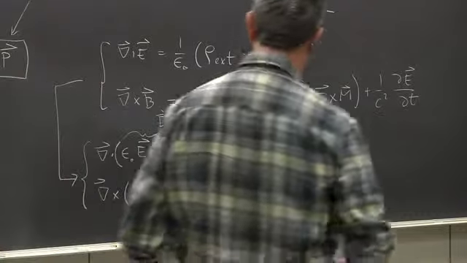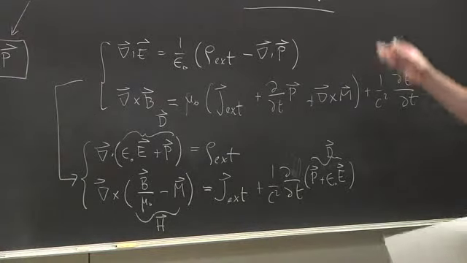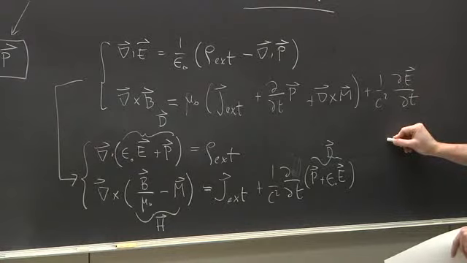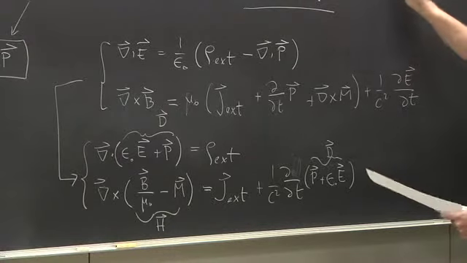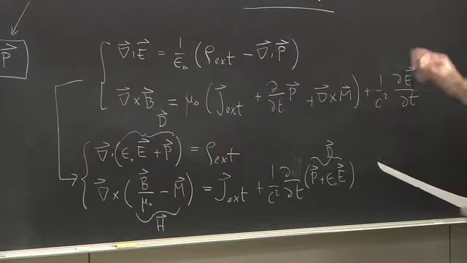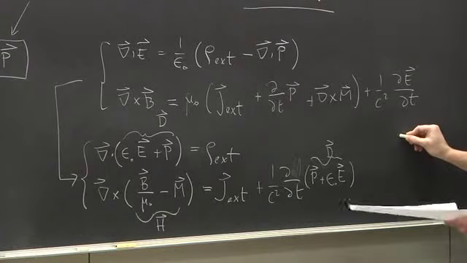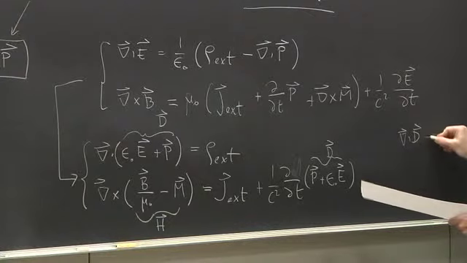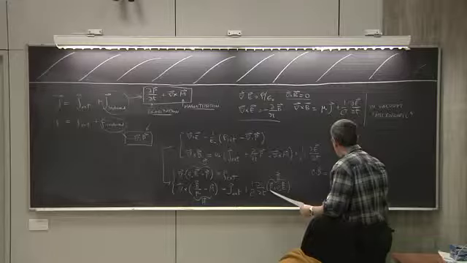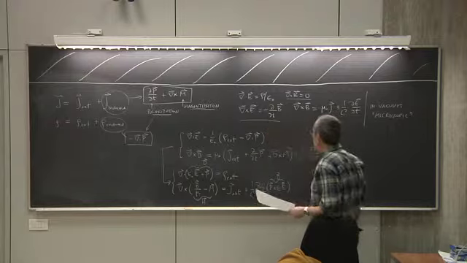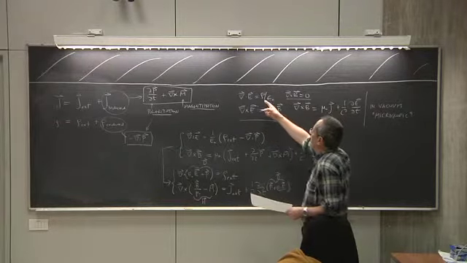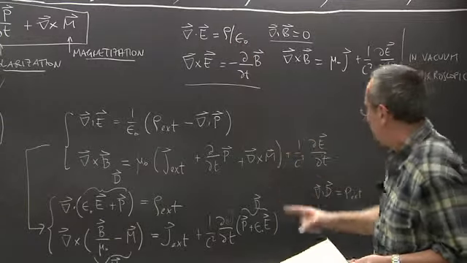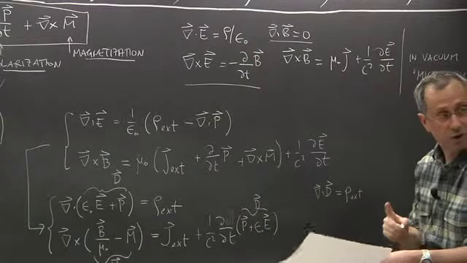So in other words, I can write a new set of Maxwell equations. These two we still say is just divergence. So I replace E by D, and in a way I have exactly the same equation, except that instead of having this microscopic charge density, I have the external charge density.